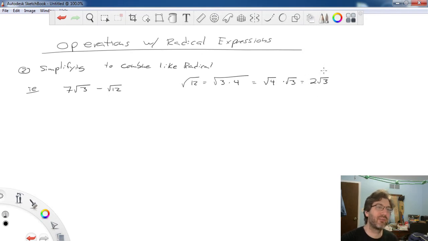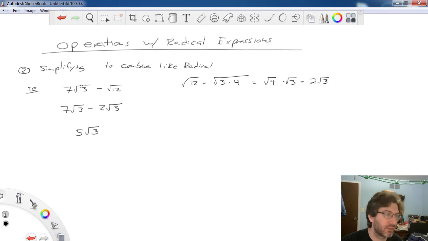So if I write it that way instead, right, so instead of writing it like this, I write it as 2 square roots of 3. They are now like radicals, and I can combine like I just did, and 7 minus 2 gives you 5 square roots of 3. So once you get them as like radicals, you can then reduce it like we just did in part 1 of today.